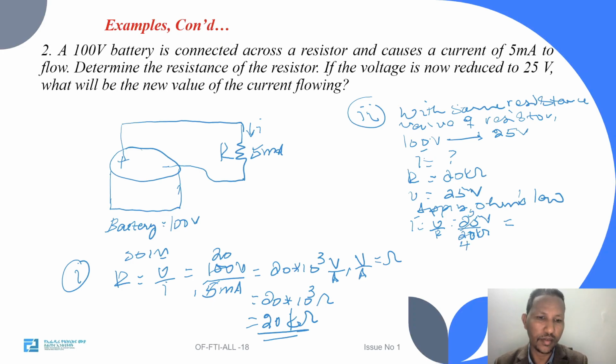So it is 5 over 4 milliampere. That's how we can determine the current when the voltage is reduced from 100 to 25.